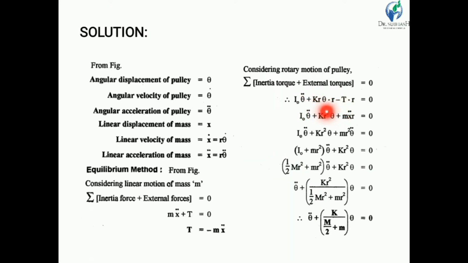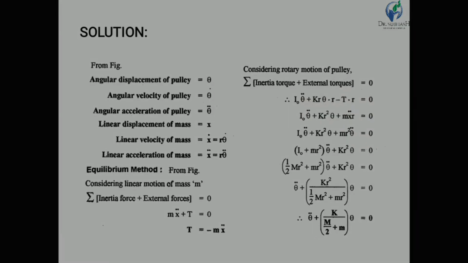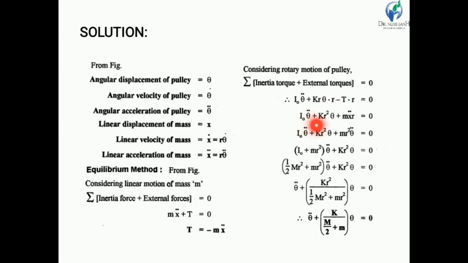So we put K r into theta, which is the spring force. The spring force into radius acts in the anti-clockwise direction, and the tension into radius acts in the clockwise direction, so we take the negative sign, equal to 0. Finally, I O into theta double dot plus K r square into theta plus m x double dot into r, where we put the value of the tension torque, is equal to 0.